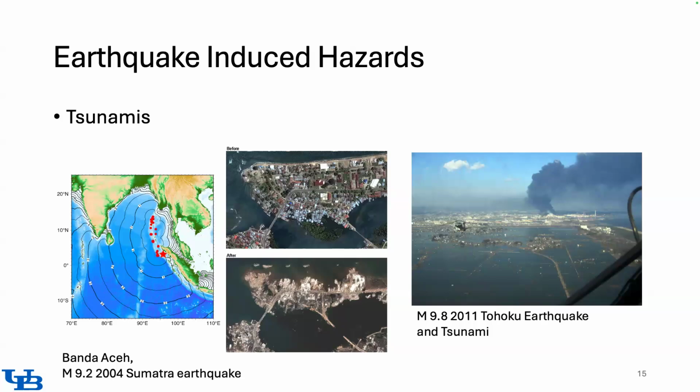We had a number of devastating earthquakes that produced tsunamis recently, such as the 2004 Sumatra earthquake and the most recent 2011 Tohoku earthquake.